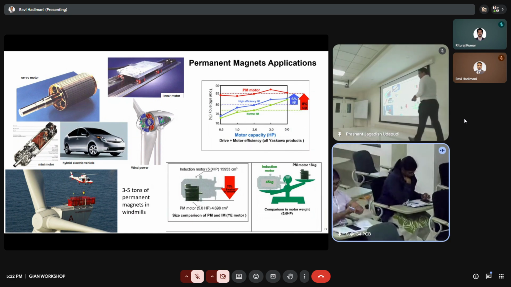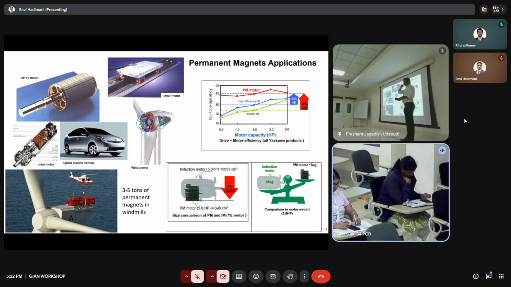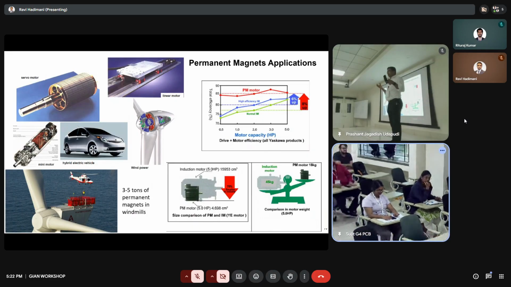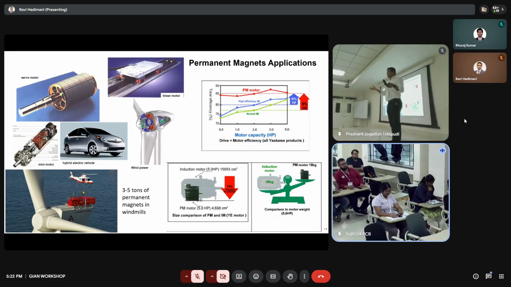Because they mastered the way to purify rare earths, and all permanent magnets are neodymium iron boron, right? So neodymium iron boron, of course, the US is the leader.